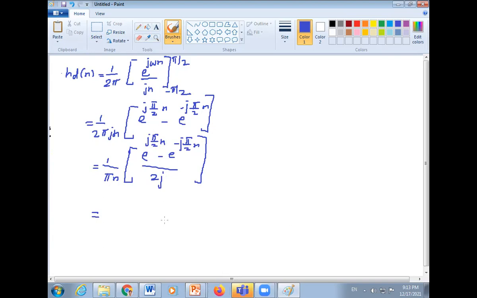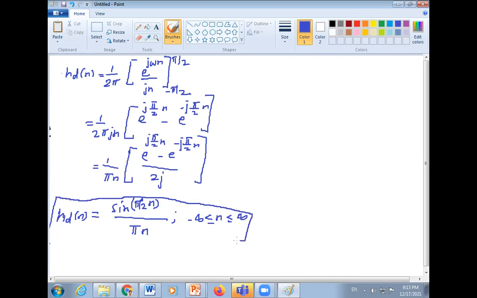So we can write it as sine of pi by 2 n divided by pi n, for minus infinity less than or equal to n less than or equal to infinity. Here Hd of n is an infinite sequence. So this is our second step, to find the function as an infinite sequence.